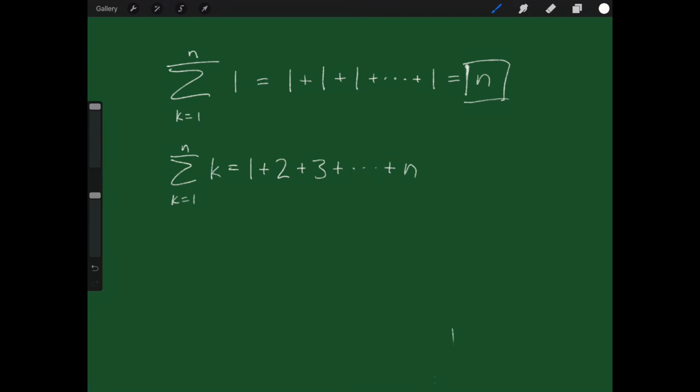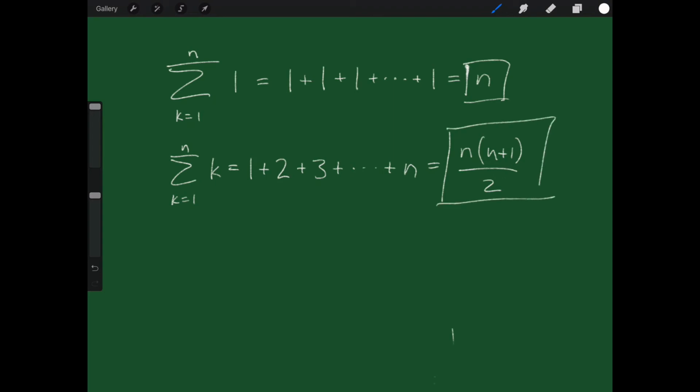So I'm adding up the sum of the first n integers. Okay? So I'm adding 1 plus 2 plus 3, dot, dot, dot, and so on all the way up to n. And it just so happens that the answer to this is n times n plus 1 divided by 2. All right. That's good to remember.